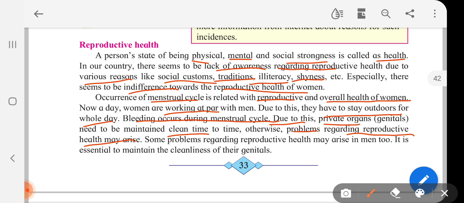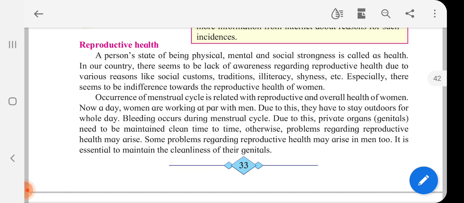So particularly women, as they have this period of menstrual cycle in a month, when they remain out for a long time, need to maintain the cleanliness of their reproductive system. Some problems regarding reproductive health may arise in men too. It is essential to maintain cleanliness of their genitals, of the reproductive organs.